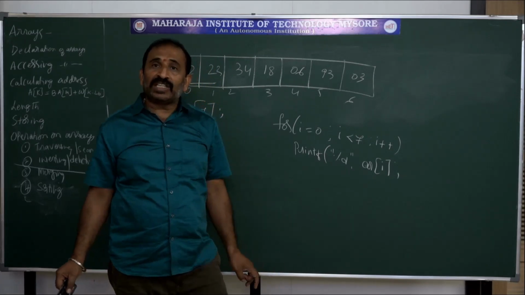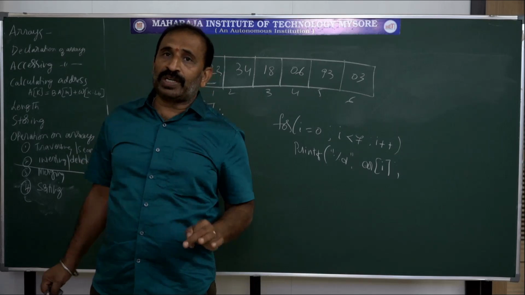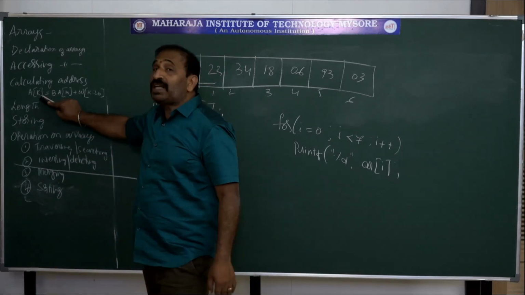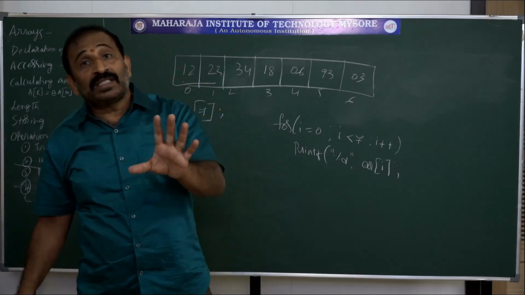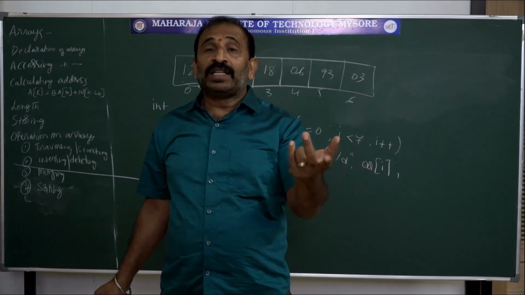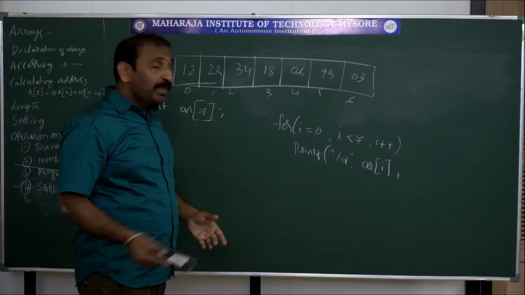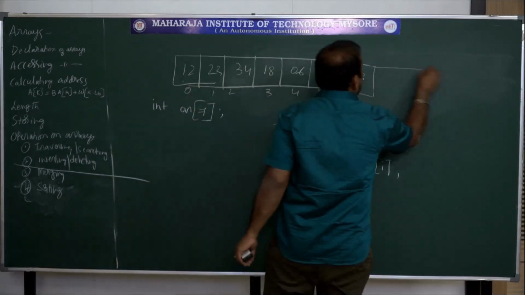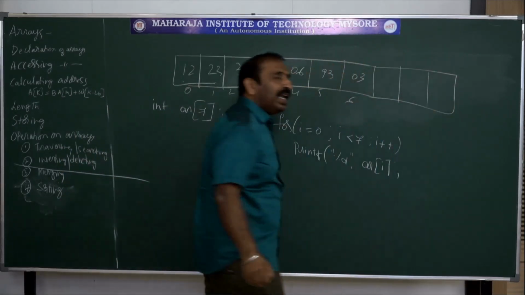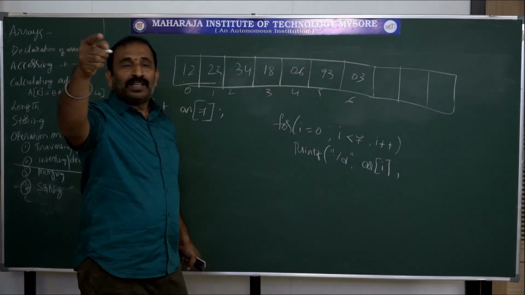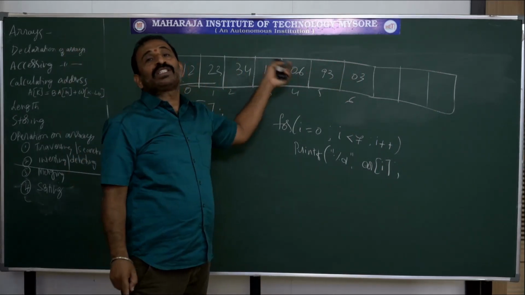Right? At this juncture, there are 2 points to be noted down. One, length of the array is not necessarily the size of the array. In this case, length of the array is equal to size of the array. In some cases you have array size 10, but length of the array is only 7.